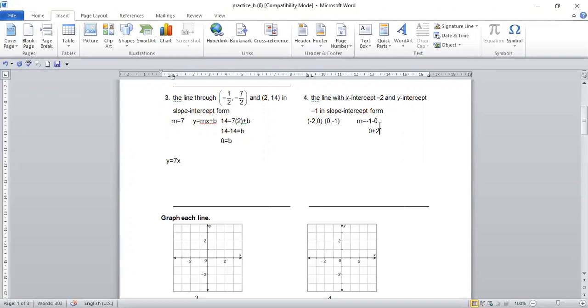Now -1 minus 0 is going to give you a -1. And 0 plus 2 is going to give you a 2. So the slope is -1 over 2, because -1 minus 0 is -1, 0 plus 2 is 2. So the slope is -1 over 2.